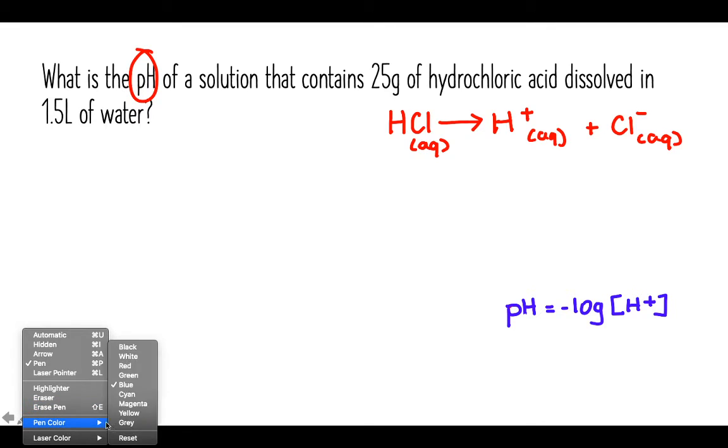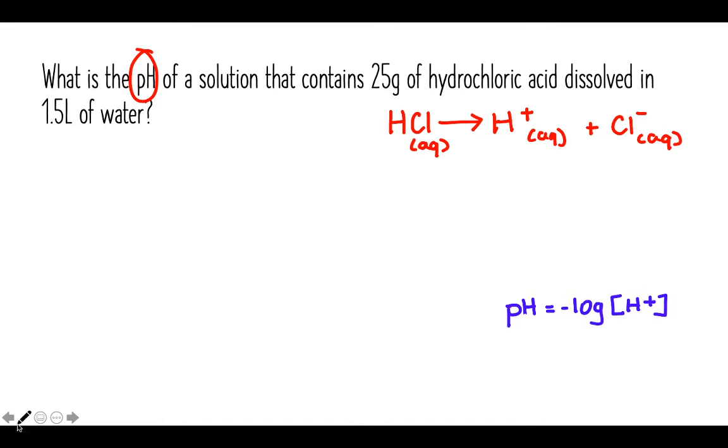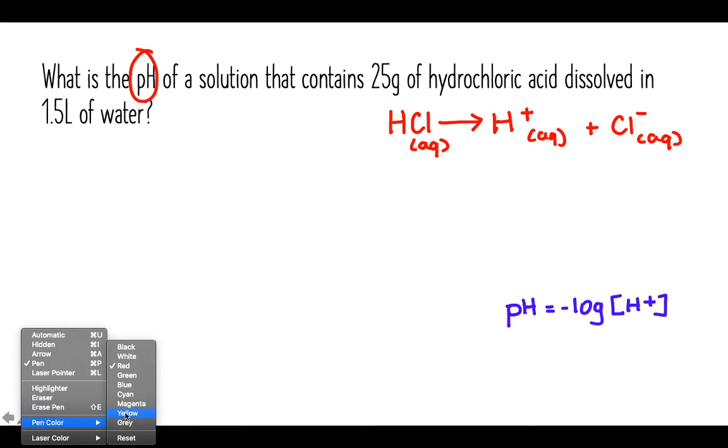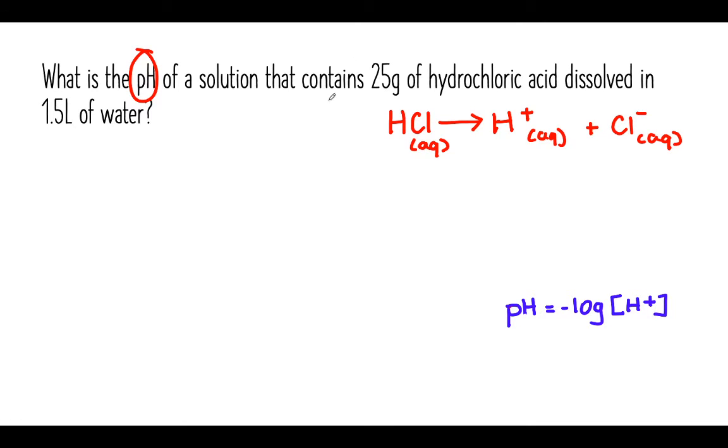It might take us a few steps, but because I'm given all of this information in my question, I can easily solve for it. Let's start off with our 25 grams. That is the mass of the HCl that I'm given in the sample, and I want to find the concentration of HCl, which is moles per liter. Because I'm given the mass of HCl, I can use my molar mass to find the moles.